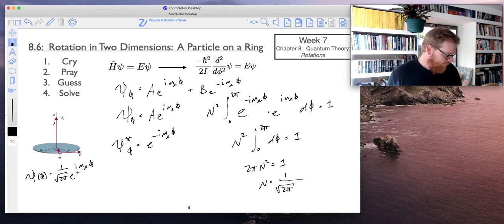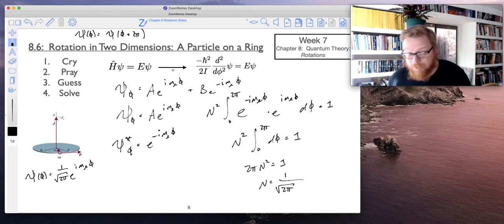Okay, and so what we can do is recognize that for this closed loop motion, psi of phi must equal psi of phi plus 2 pi.